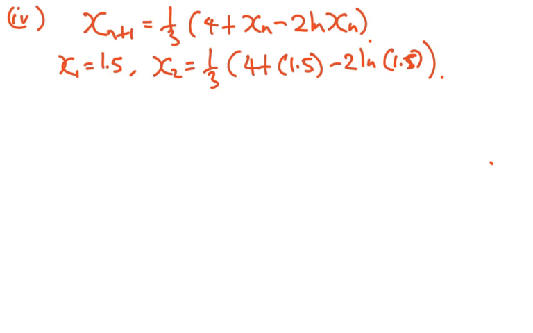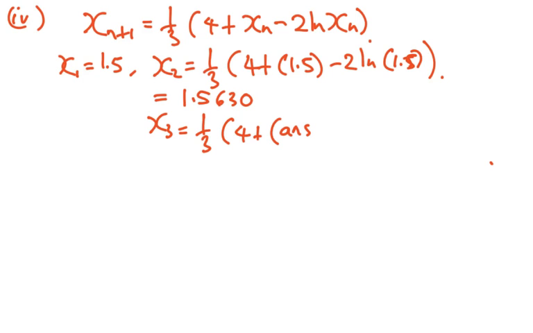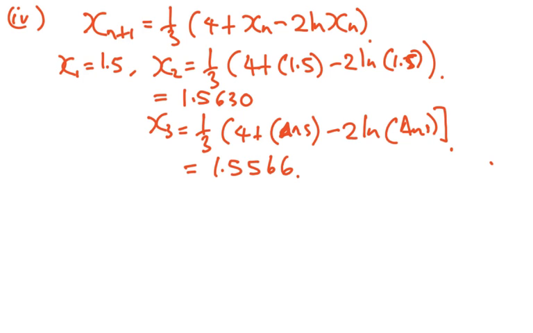And my x2 value is 1.5630. Now x3, do the same thing, but this time since we have a calculator, just type the ans formula, using the ANS button, and from there we know the answer is 1.5566.